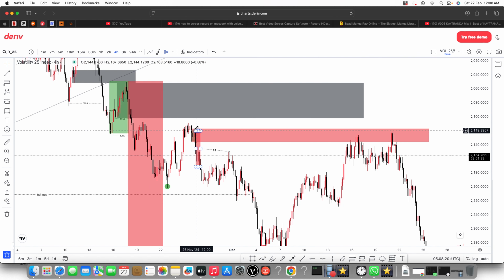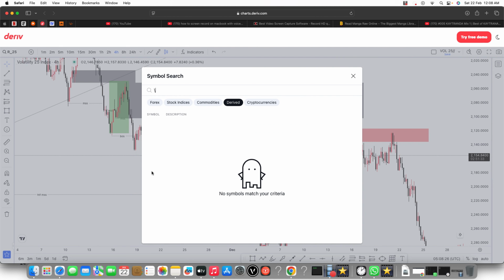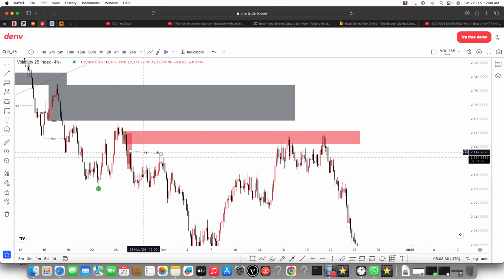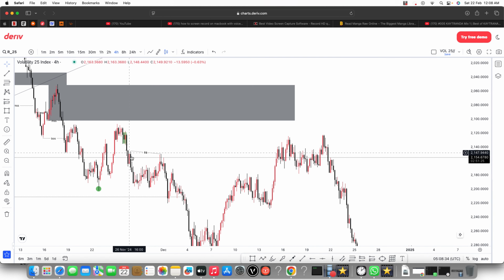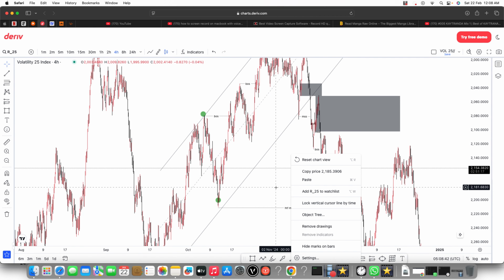Whereas the current one above is still unmitigated, still unused, still an area that we have to take note that the market will come back to, using this as an external area for price to be pushed to the lower regions.